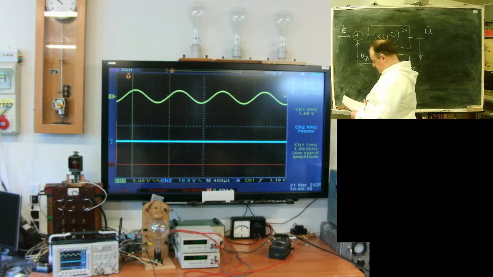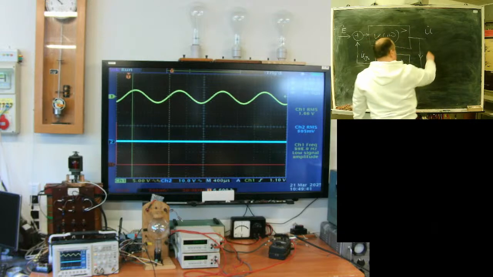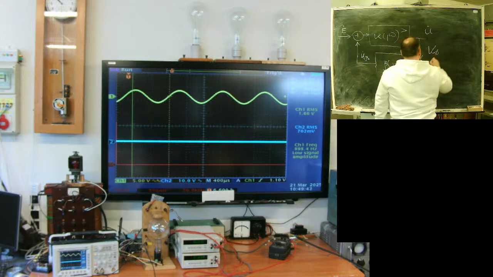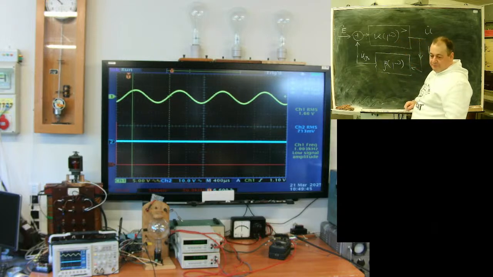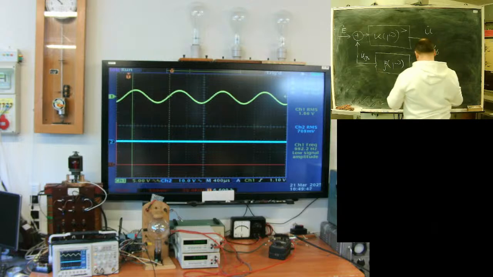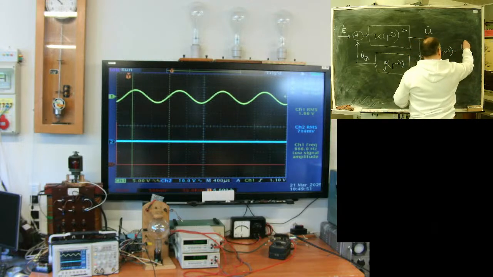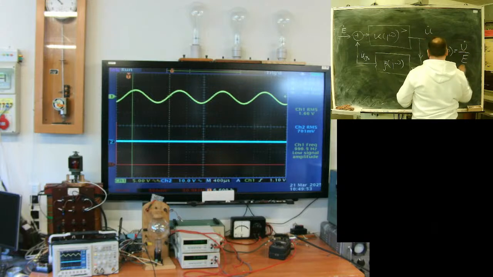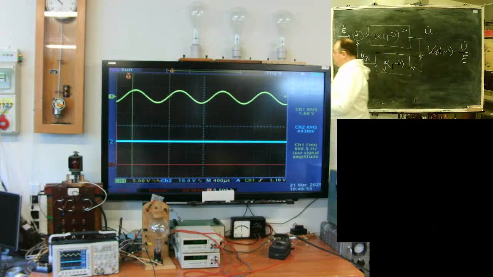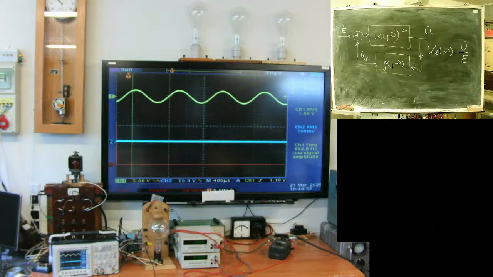Just for the beginning. So, for this system, the transfer can be found easily. It will be U divided by E. Yes. This divided by this.